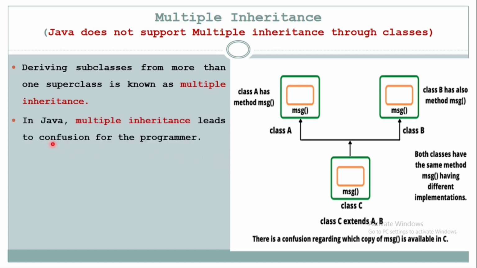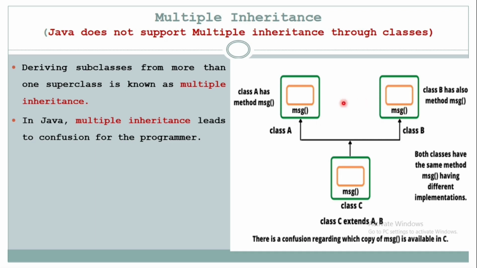In Java, multiple inheritance leads to confusion for the programmer. Let us understand with a simple scenario. Class C inherits the features of class A and class B. But in class A, there is a method called message with its own implementation, and class B has a method with the same name, message, but with a different implementation.